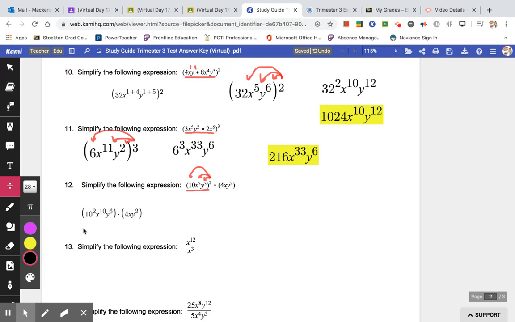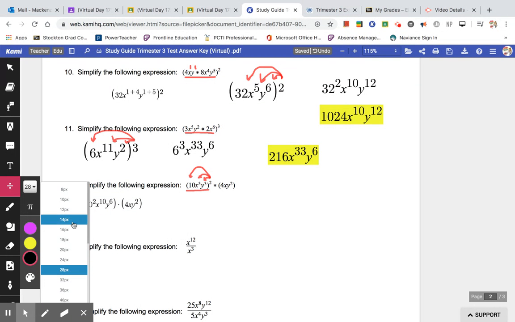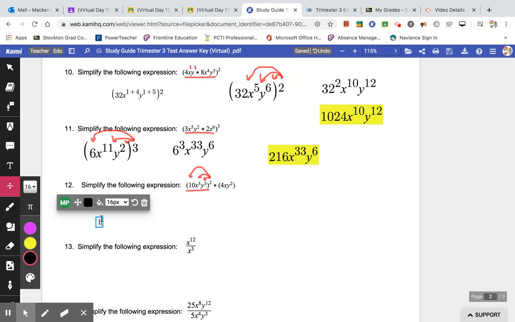Okay, so now that we're here, the next step before you move on is I would just maybe simplify this 10 squared. So 10 squared we know is going to be 100. So I'm just going to copy everything else down, but just change the 10 squared to 100.